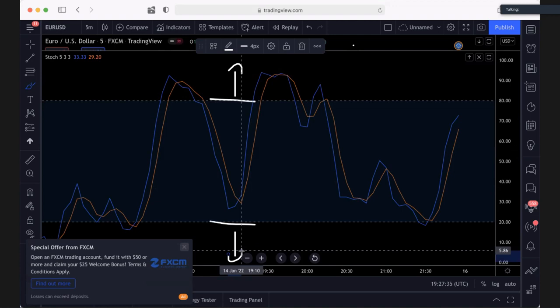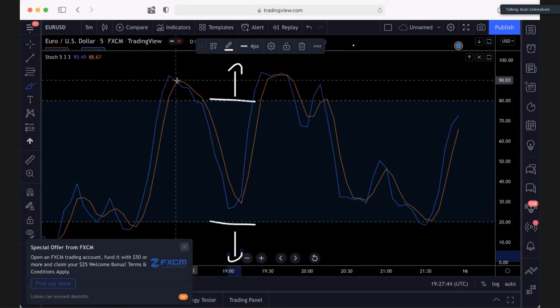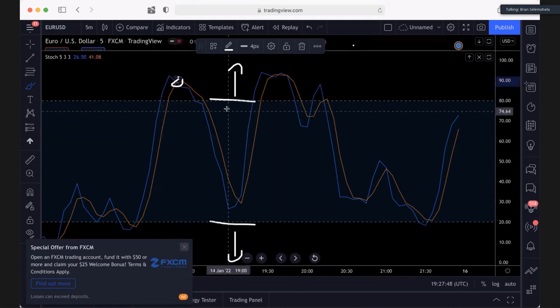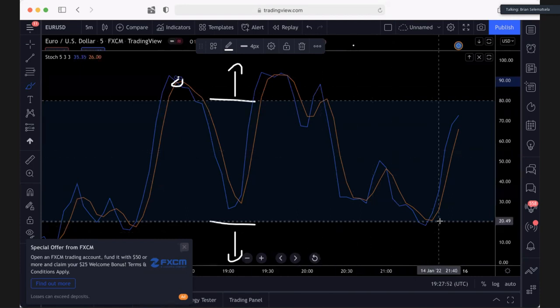So another thing, it is very important to see that this blue line, it is the one that normally crosses the orange line. Doesn't matter if the stochastic is going to the upside or to the downside.